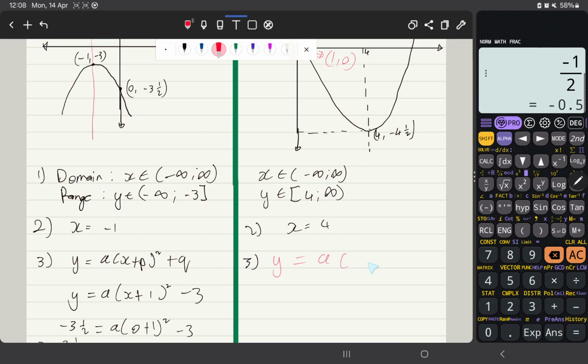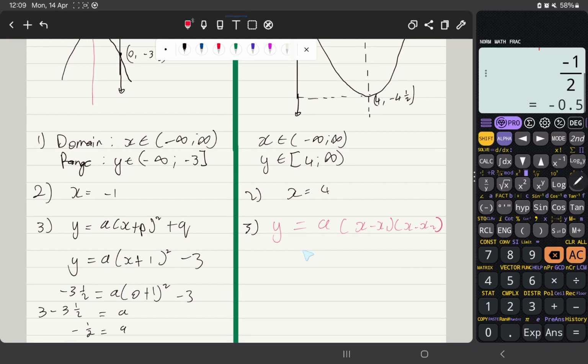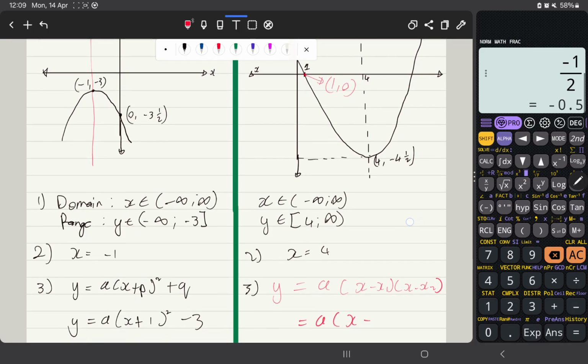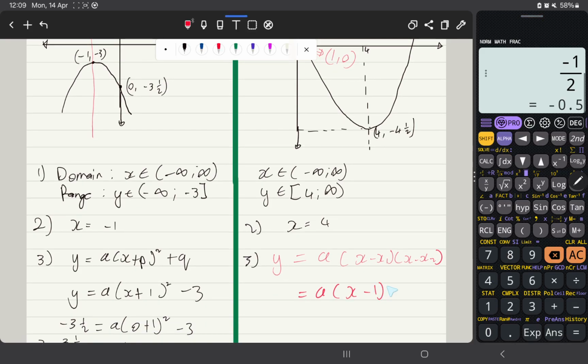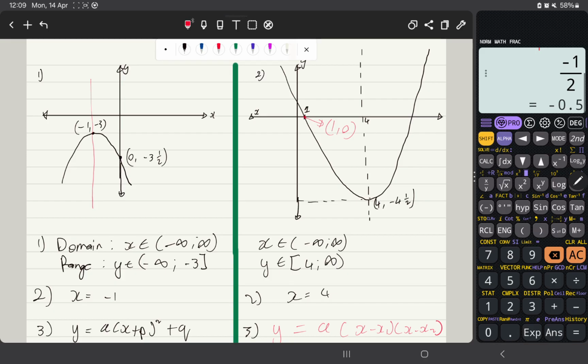So it's a times x minus x1 times x minus x2. When you go with this formula, you write a, then x minus the first intercept, which is 1, then x minus the second one, which we do not know, but we know it's here.